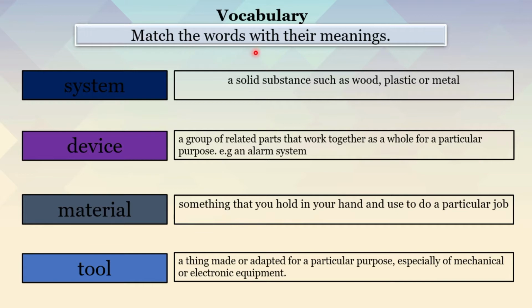Match the words with their meanings. We have system, device, material, and tool. The words are all type nouns, that is, they represent categories.